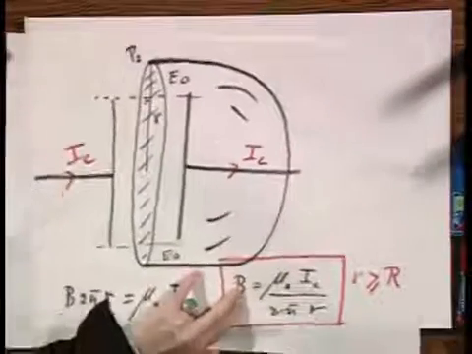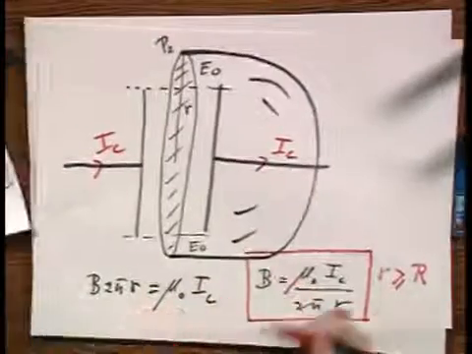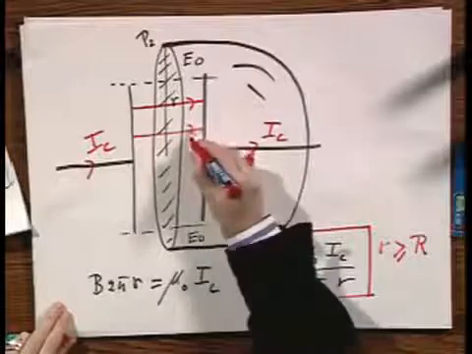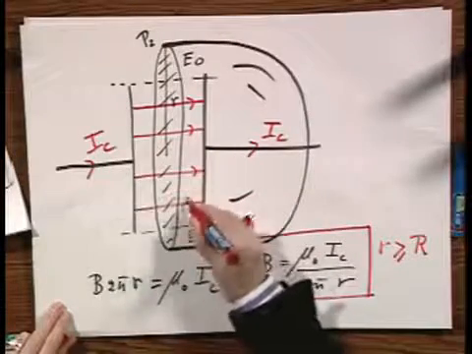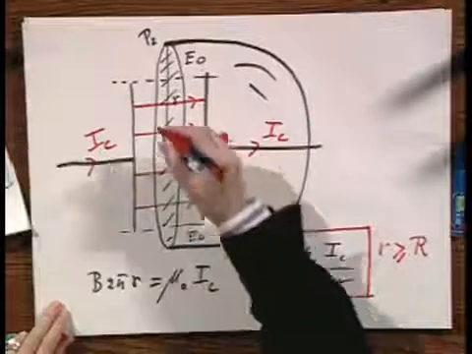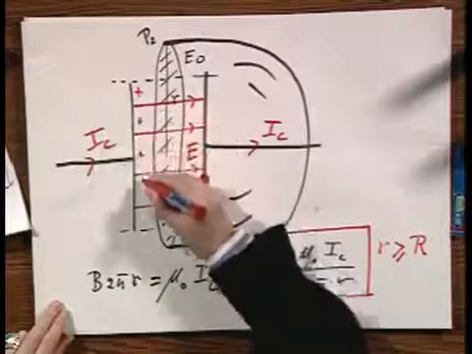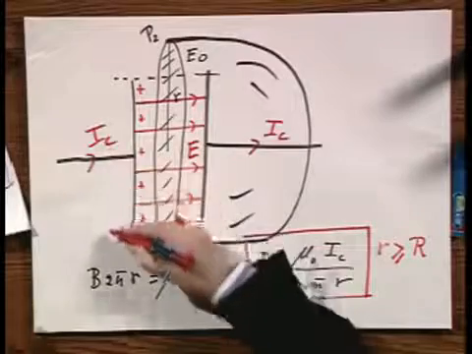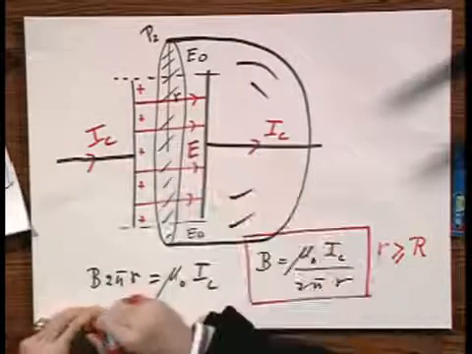I have an electric field, and the electric field is running from left to right, and it is growing. And the reason why it's growing is that the charge that piles up here is of course increasing. If the current were constant, then it is increasing linearly in time.